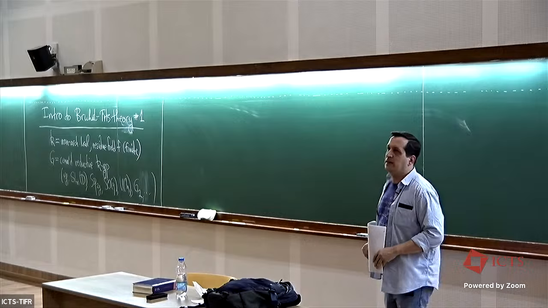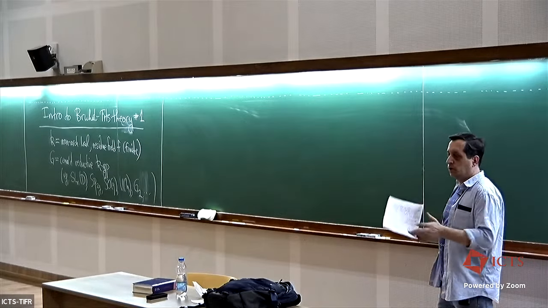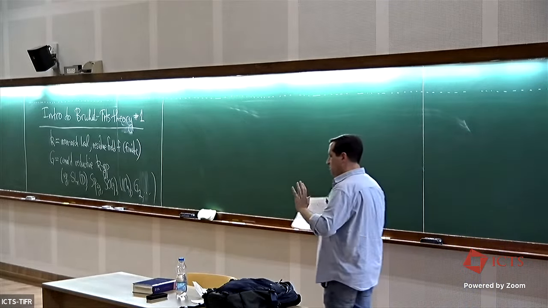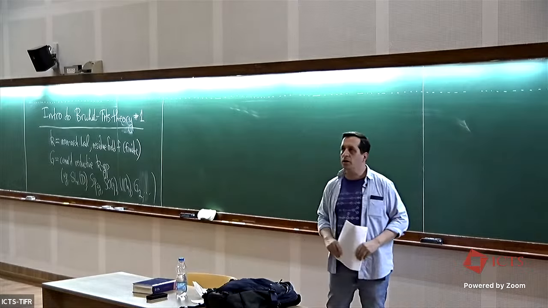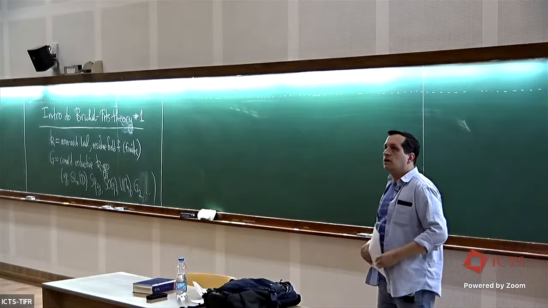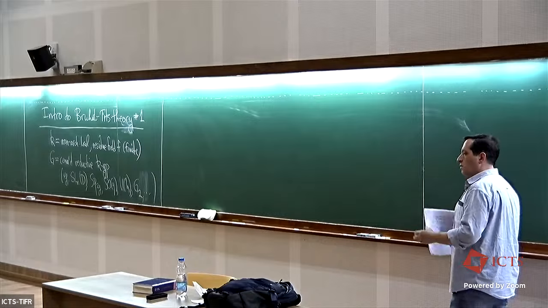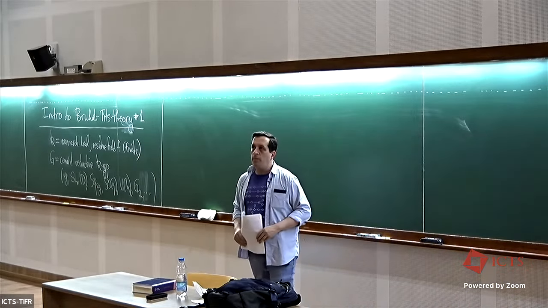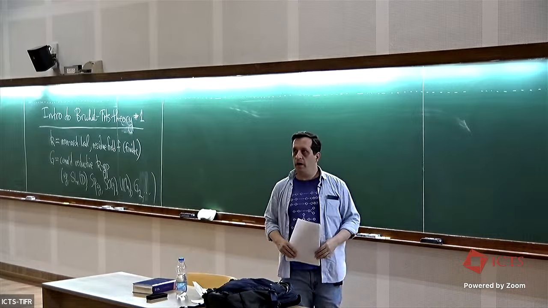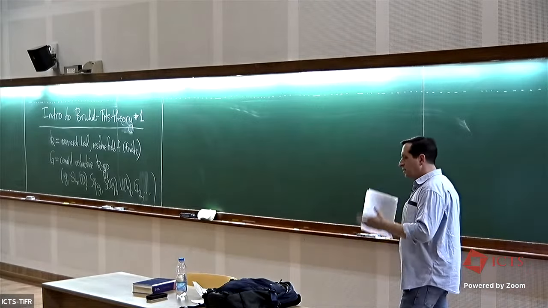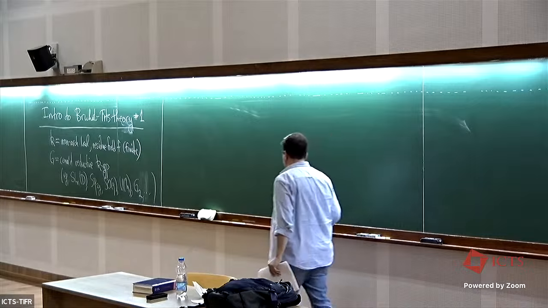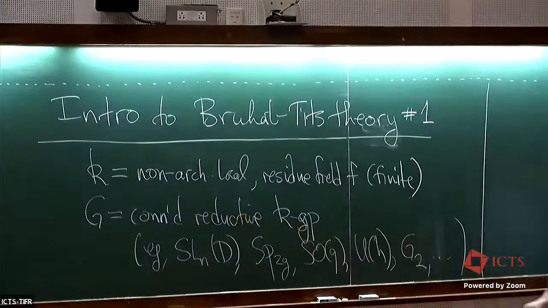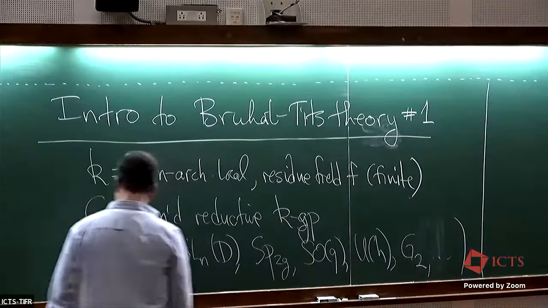Whatever a building is, it's a combinatorial tool to organize how we may study certain pieces of the subgroup structure, but the actual real meat of everything involves a certain kind of integral group scheme structures. In any event, we're going to see this play out with a variety of examples, but I just want to stress that the theory is not primarily about buildings, but about something involving integral structures.